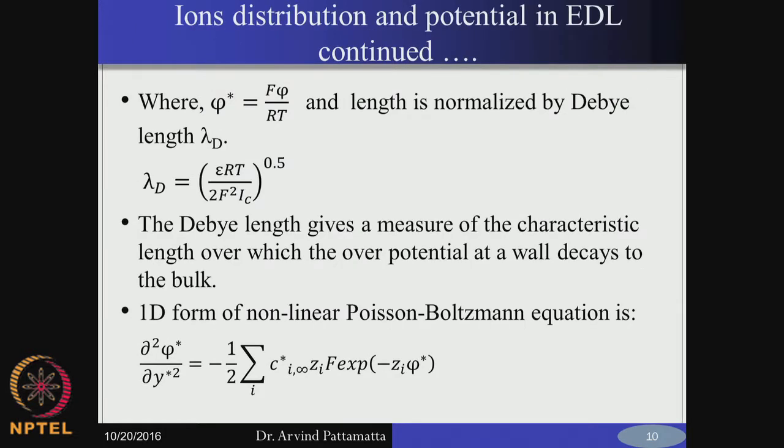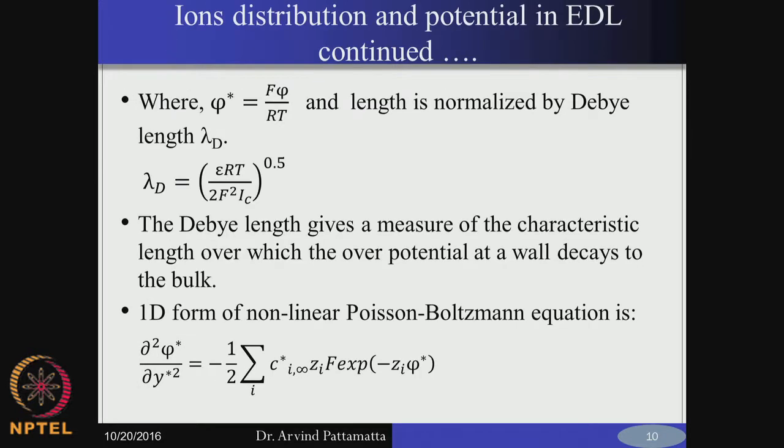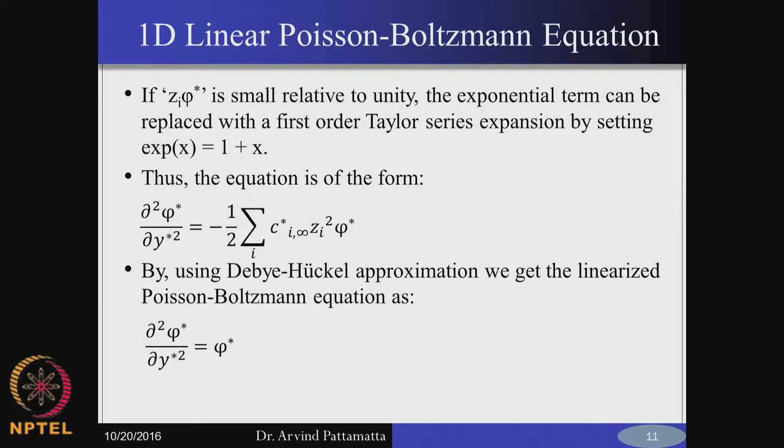We make an assumption that if you look at this exponential term, exponential of minus z I phi star, we can use the Taylor series approximation. We can express exponential of x is equal to 1 plus x, if your x is much smaller than 1, so then this becomes linear. So, this is what we are going to do now.